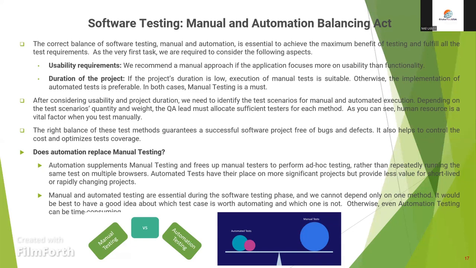You need to create the test cases, you need to create your SRS documentation, right? So the focus will be more on the manual side rather than the automation side. So dividing the group 3:7 or 7:3 is not perfect balancing for manual and automation testing.